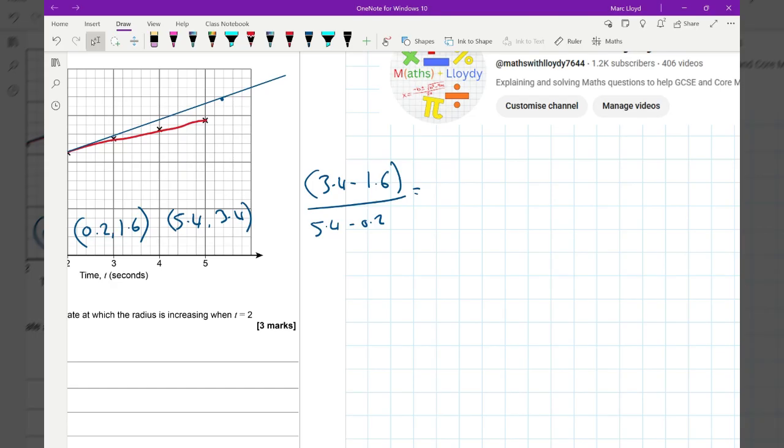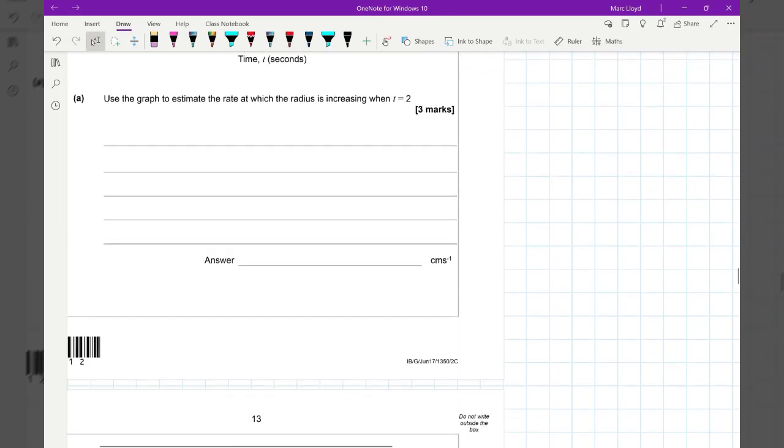Calculator. 3.4 take 1.6, it's probably 1.8. It is 1.8 over 5.2. 1.8 divided by 5.2 gives me 0.34615. So my answer here, is it asking for anything? No, we're going to go with 0.346.